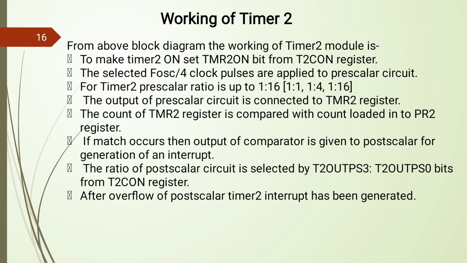Here the post scaling option is available with all possible combinations of 4 bits, that is 1:1, 1:2, 1:3, 1:4, 1:5, 6, 7, 8 and up to 16. To enhance the delay generation capacity of the timer, this post scaling option is useful. In this way timer 2 works.